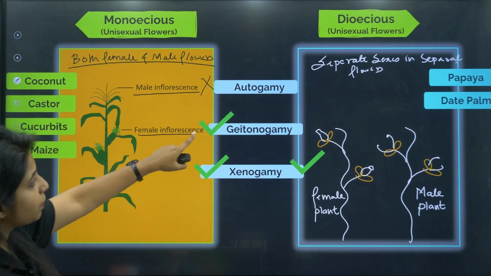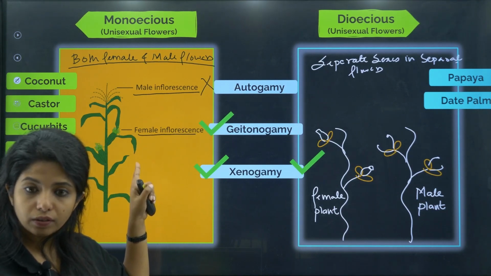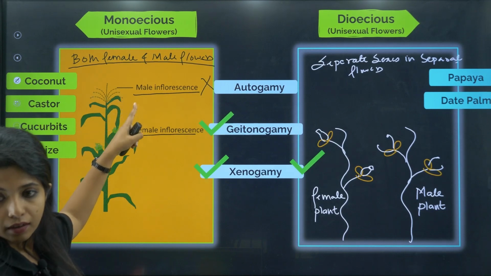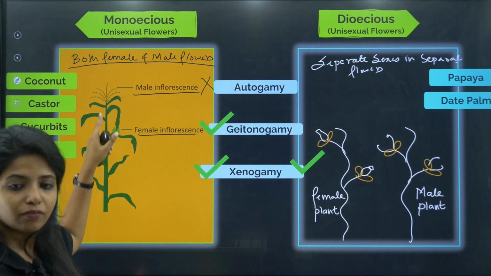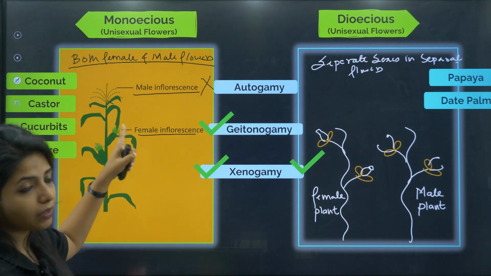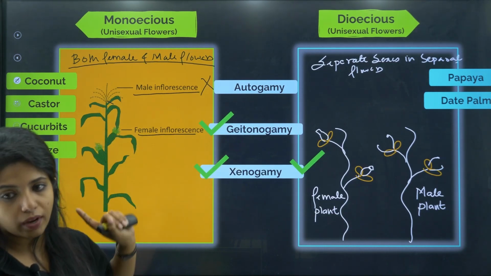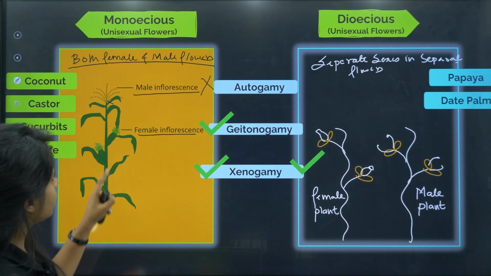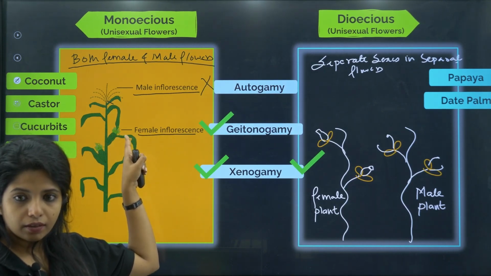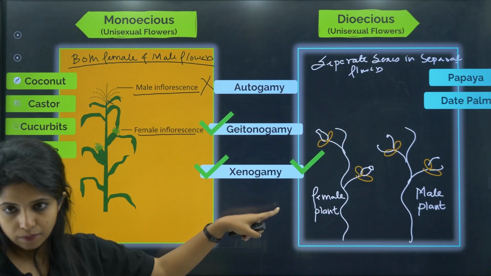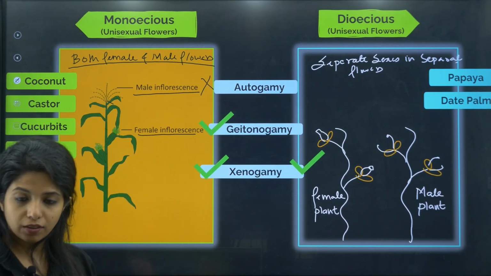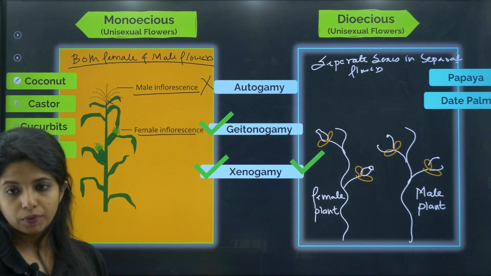What about geitonogamy? Geitonogamy is when pollination happens between flowers of the same plant, so it takes place over here, which is why I made it a tick. Xenogamy, what about that? If pollen goes from this plant to another plant, then xenogamy can also take place.